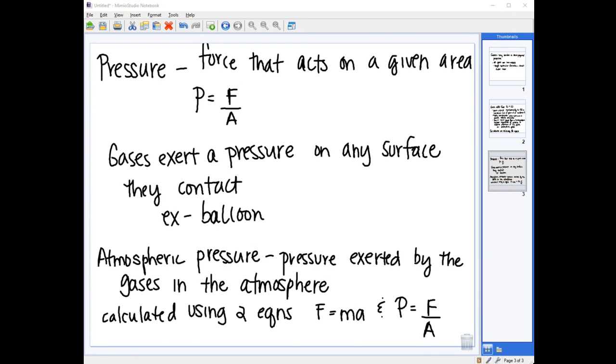So if we think about a balloon, okay, so you've got a balloon and you inflate that balloon, whether you use helium or you just use your own hot air to blow up that balloon. When you put the gases in that balloon, those gases exert force or exert pressure on the inside surface of that balloon.